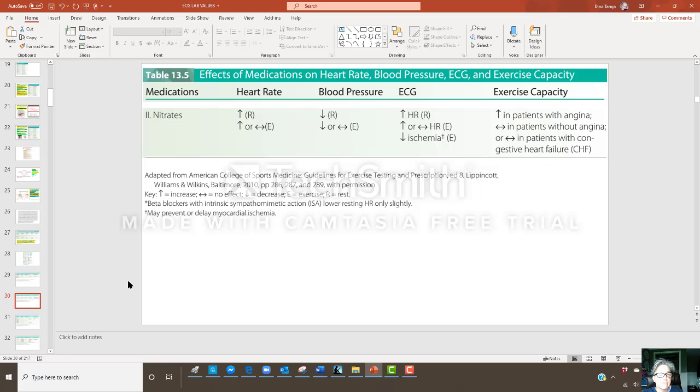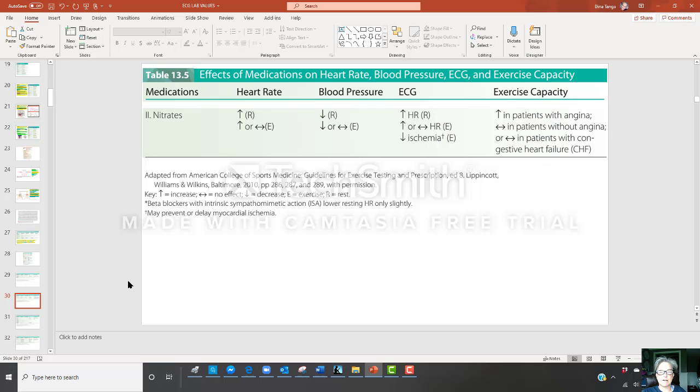So nitrates is going to increase heart rate at rest, increase or no effect during exercise. With blood pressure, it's going to decrease blood pressure at rest, and it's going to decrease or not affect blood pressure with exercise.